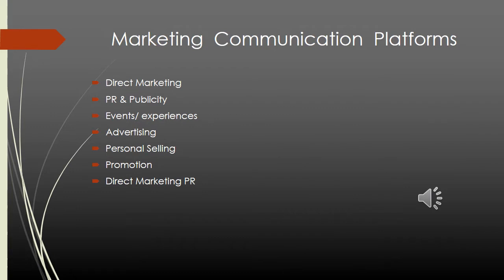Now, in this slide, as you can see, it is marketing communication platforms. Communication platforms allow organizations to incorporate real-time communication capabilities such as voice, video, and messaging into business applications for meaningful interactions with customers.